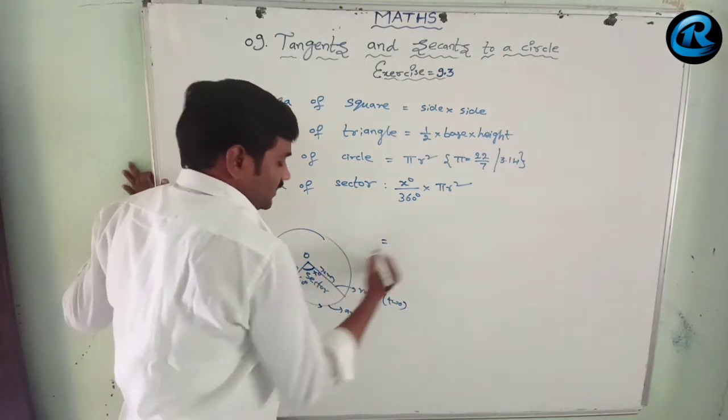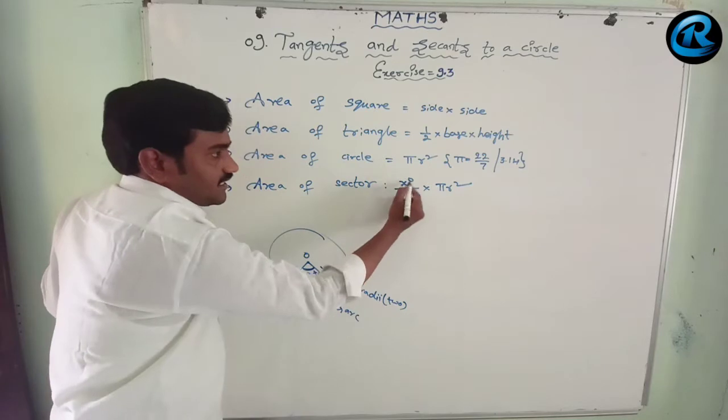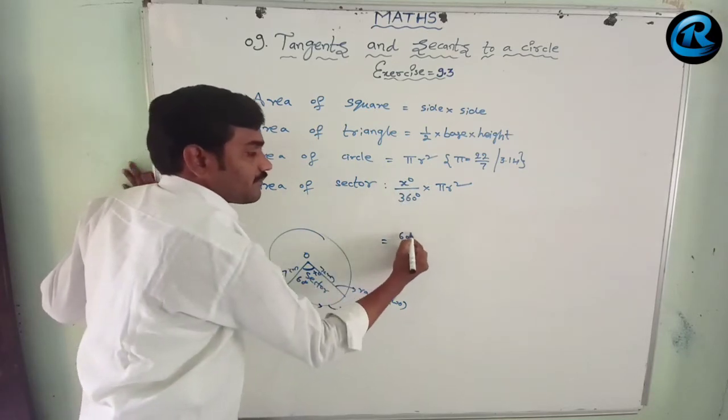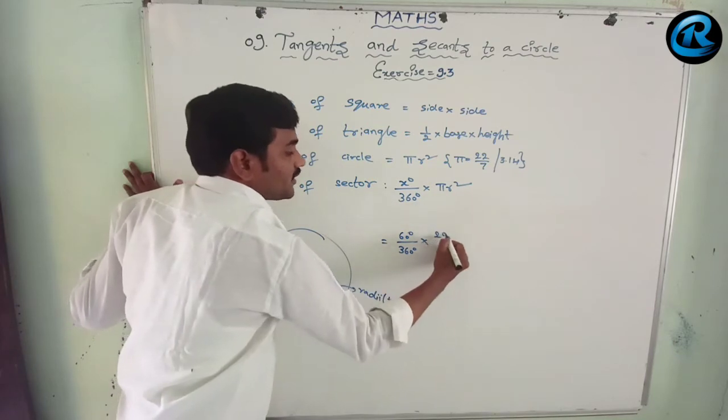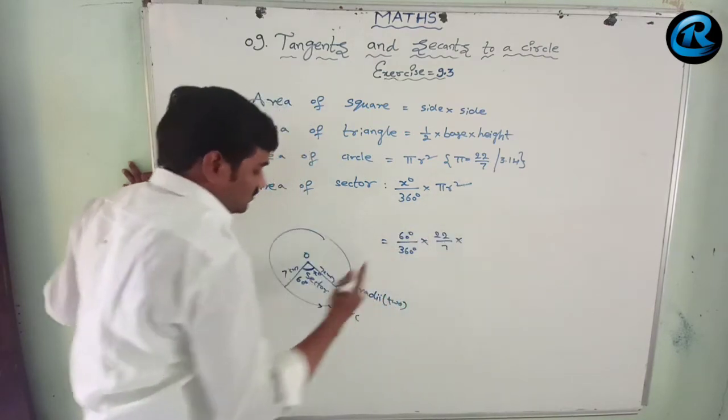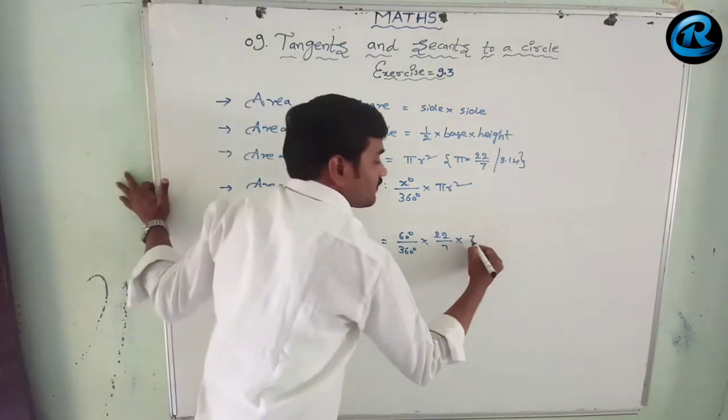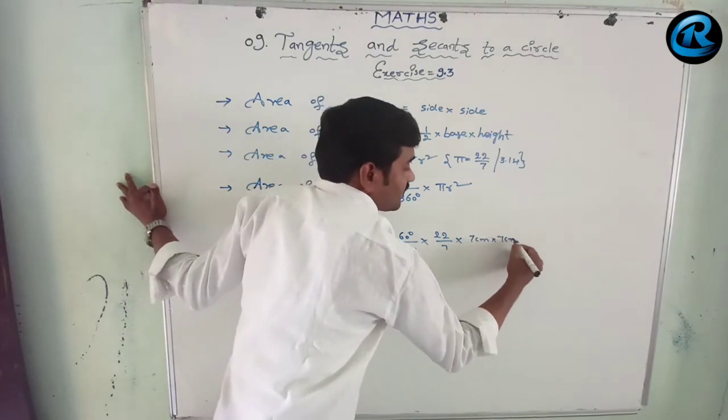Area of sector is x degrees, nothing but 60 degrees, by 360 degrees into pi, that is 22/7, into r square. R is 7 centimeters, so 7 centimeters into 7 centimeters.